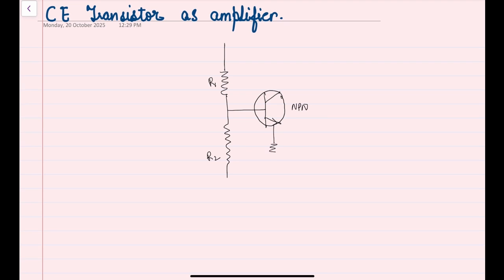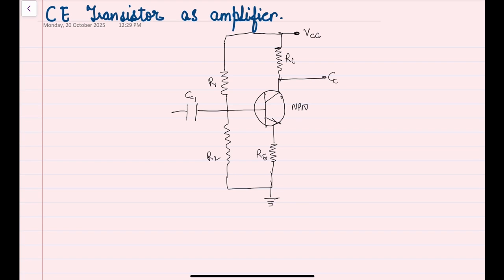Apart from this, there is RE, which is the emitter resistance, and RC, that is the collector resistance. And for the biasing we have provided VCC. Also there are capacitors CC1 and CC2, which are called the coupling capacitors.